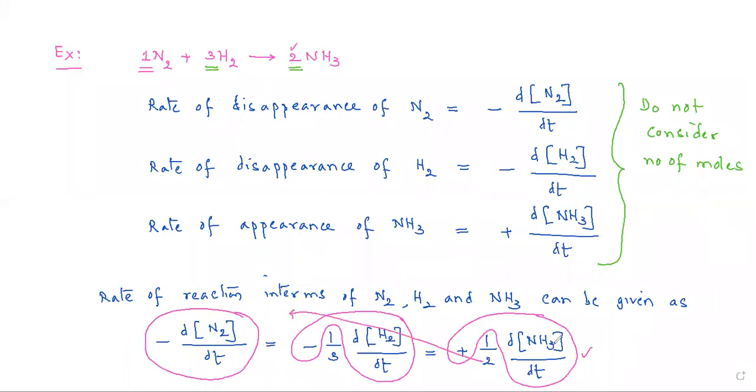Now, the rate of appearance of ammonia is equal to 2/3 of the rate of disappearance of hydrogen. Hope you got my point. 2/3 of the rate of disappearance of hydrogen. 2/3 of 3 is 2.